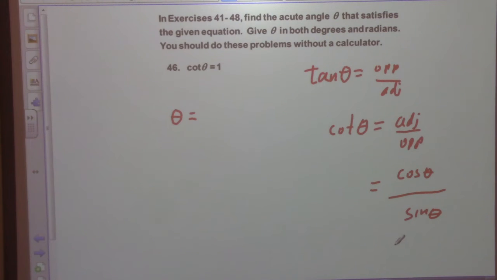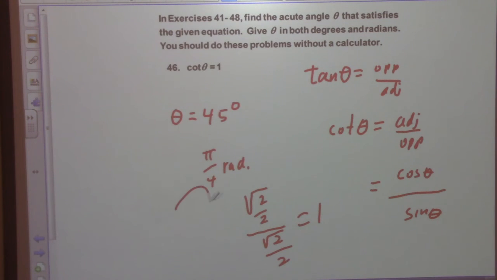Where do you see a cosine over sine equal to 1? 45 degrees. And it's because you have square root of 2 over 2 over square root of 2 over 2 is equal to 1. So that's how you get that. Does that make sense to you now? A little bit, maybe? Kind of, sort of?